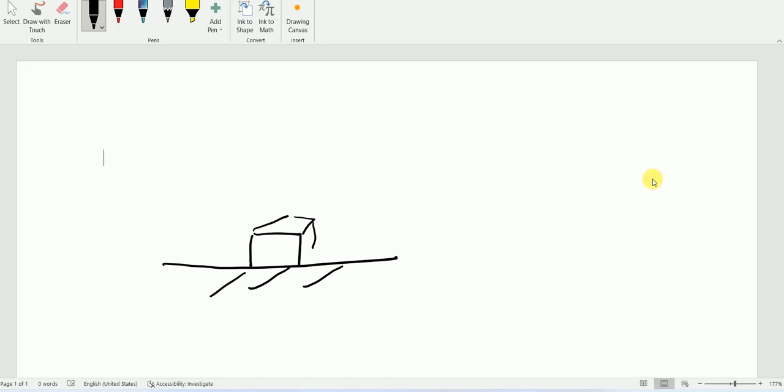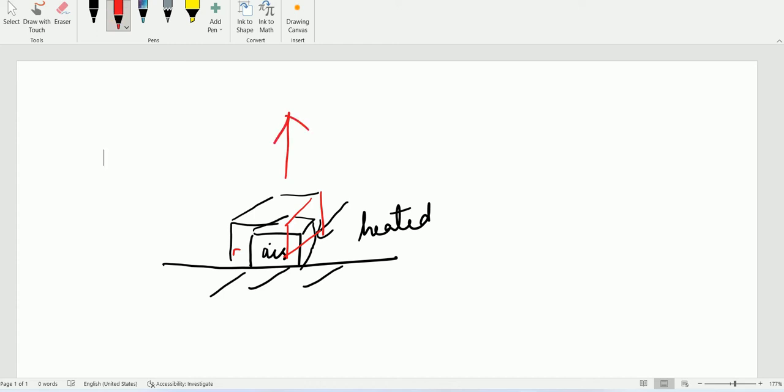When this parcel of air is heated, its volume will be expanded, and so it will rise upwards.